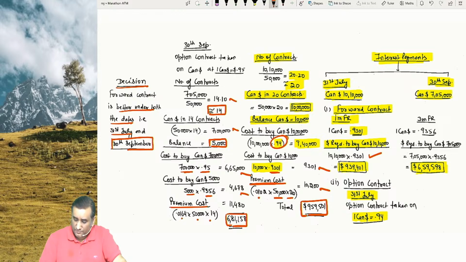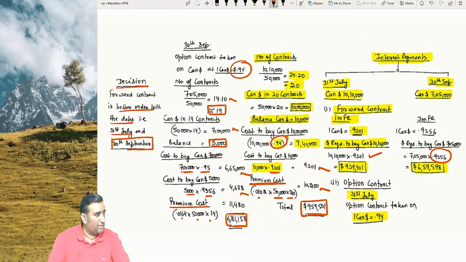That would not be better off. It was prima facie visible that your forward contract would be better off.